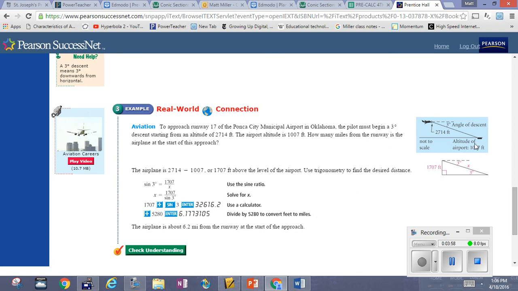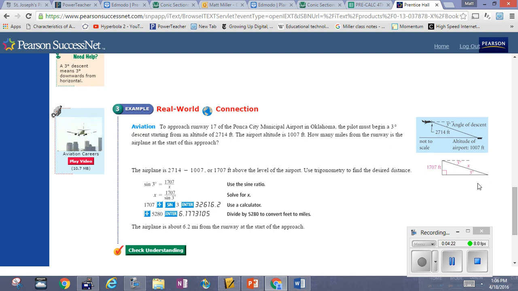He's dropping the difference, which is 1,700 feet. The angle of descent, or angle of depression looking down, is the same as the angle over here looking up, so this 3 degrees is 3 degrees down here. What we're after is this horizontal distance.